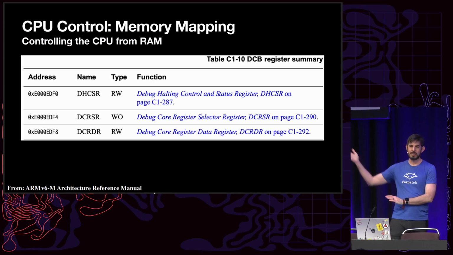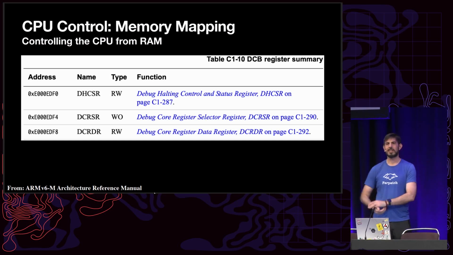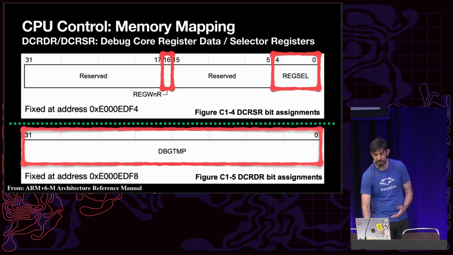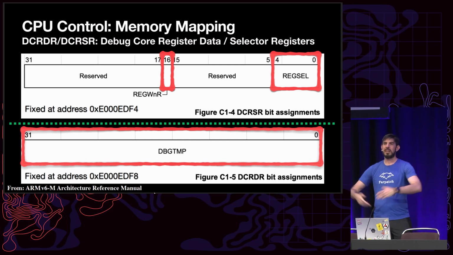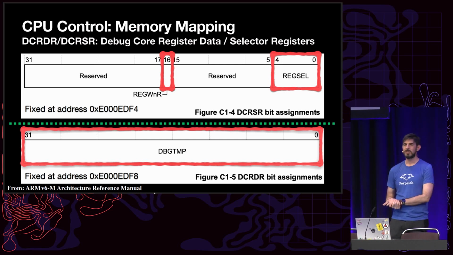And the nice thing is these addresses are fixed, and so you can just access these registers to be able to do things like halt the CPU, access various actual register values. There are these 2 registers here, DCRSR and DCRDR. By putting a register number like 0 for R0 in REGSEL, you can say, I'd like to access register 0 or register 1.